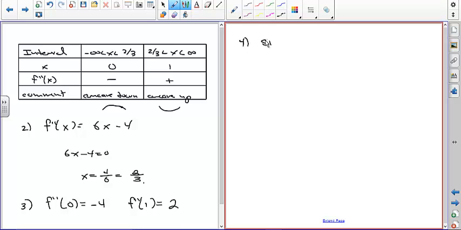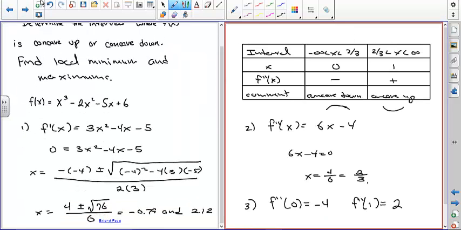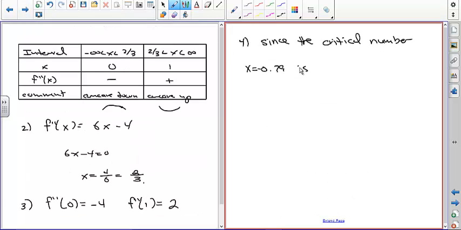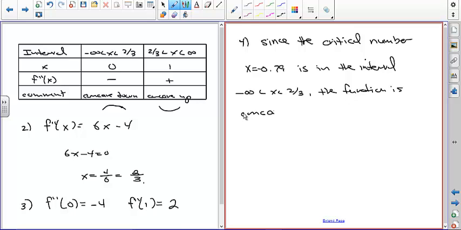So we'll say, since the critical number x equals negative 0.79 is in the interval from negative infinity to 2/3, the function is concave down at x equals negative 0.79, and therefore a local maximum.